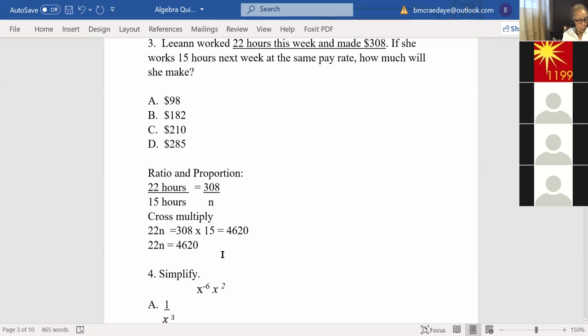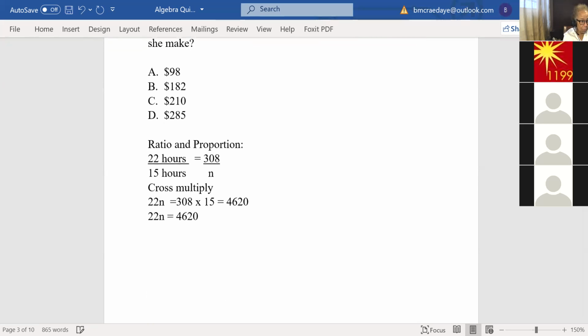You want to divide the 4,620 by 22. Divide both sides, right. Divide both sides by 22. And what does that give you, Audrey? 210.